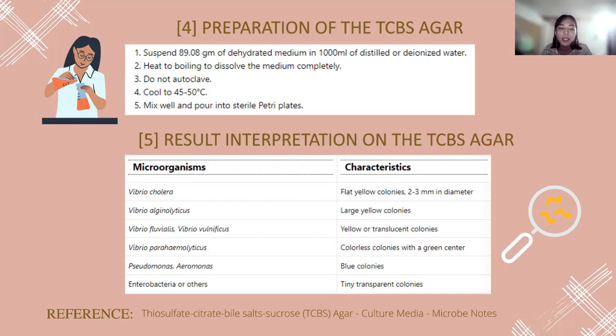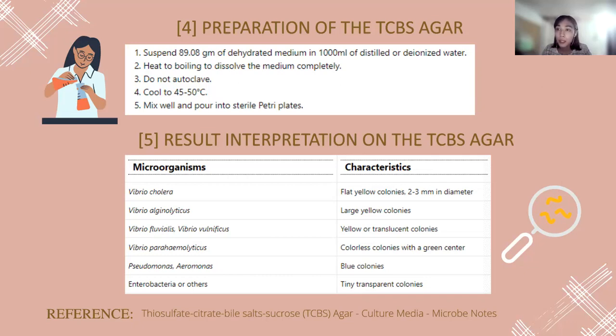The second one is that it is used for the control of outbreaks of the crown of thorns sea star, Acanthaster planci. So those are some of the advantages of using TCBS agar.